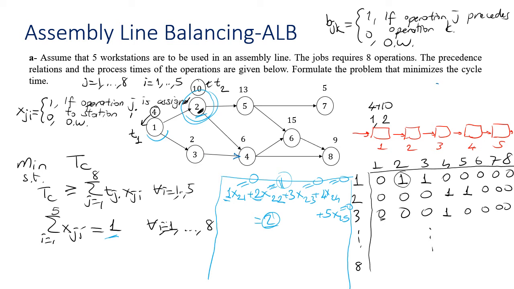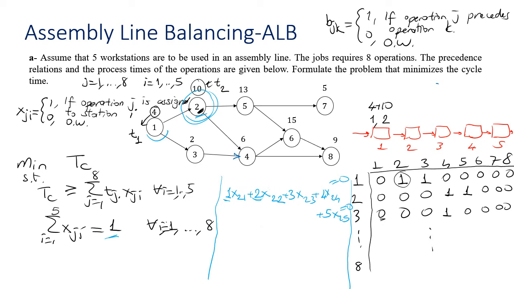If you say, no, this is not 1, this is 1. So it means that this is 0 and this is 1. And the station number will be given with this equation to be 3. So I understand to exactly which station this task 2 is assigned to by this formula, by this calculation.